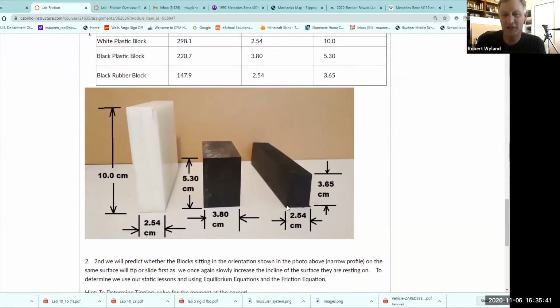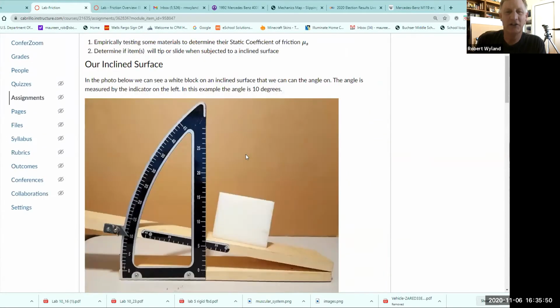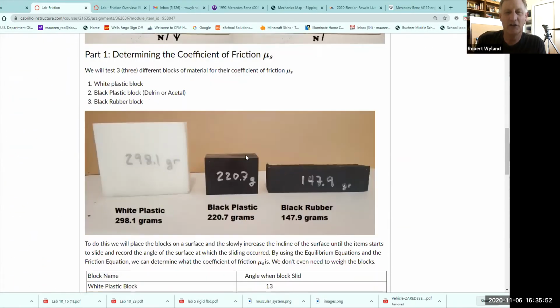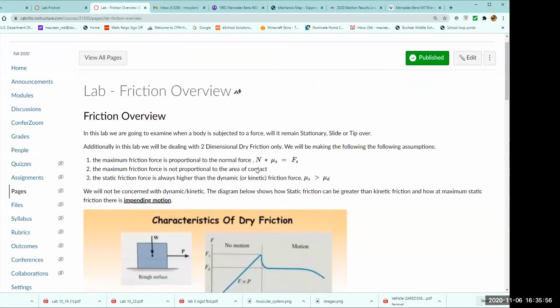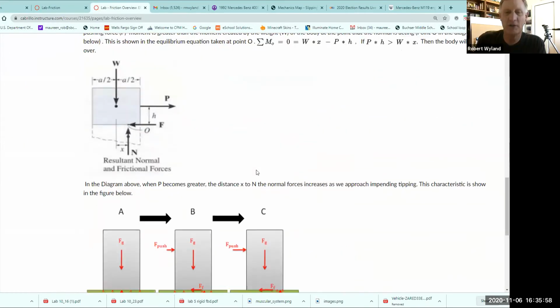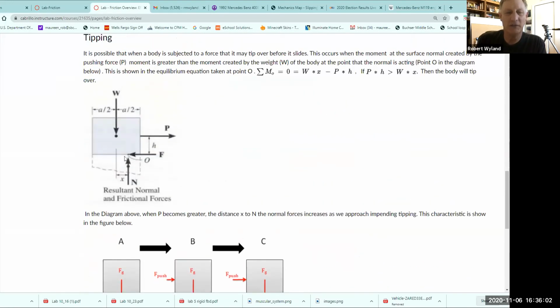So these are the dimensions of your block. Again, we'll go back to the diagram. Oh, it's on the previous page. Do we have to do it in 3D? No, this is a two-dimensional problem. So we'll be using forces like this.